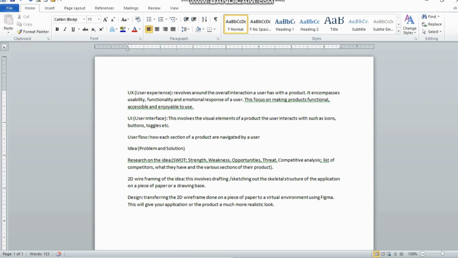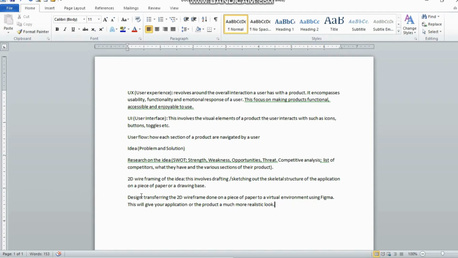How is it going to look? That will be done in the design stage, where you use colors, animations, boxes, and some design ideas to structure your product. These are the key things you need to look at.